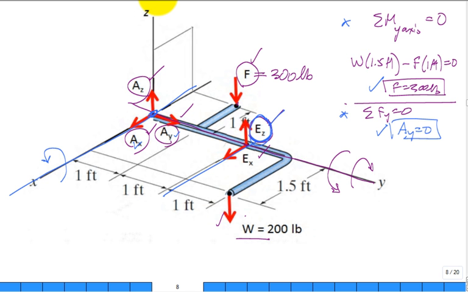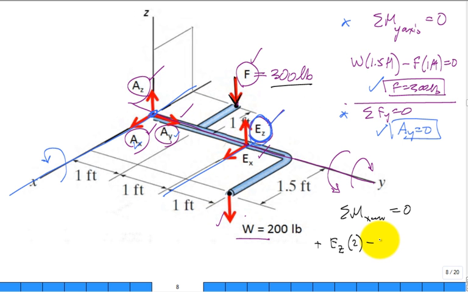Sure. So let me do this. I'm going to do the sum of the moments around the x-axis. That must be equal to 0. That's my general equilibrium equation. For this problem, it boils down to EZ times 2 foot, which gives it a positive sense of rotation. What about this 300-pound F coming down?